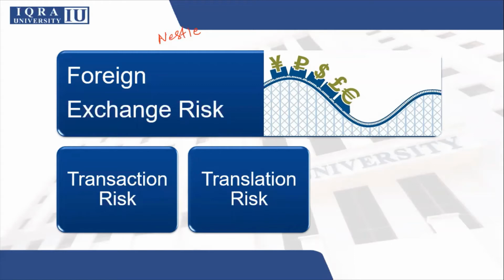So the exchange rate of those countries is going to have an impact on Nestle's consolidated balance sheet and income statement. So at the date that they're going to do the consolidation, whatever is the exchange rate is going to greatly impact the assets, the liability, the capital value that is being shown on the balance sheet, and similarly even the earnings that will be reported in your income statement.